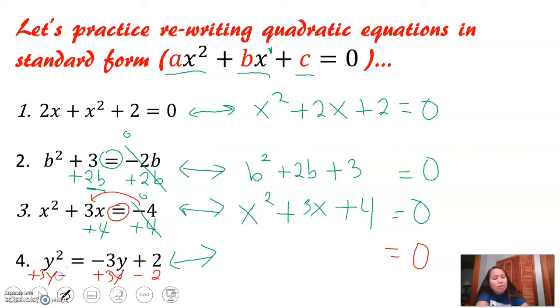I will also put negative 2 on the left side of the equal sign. This becomes 0. That becomes 0. Now I have y squared plus 3y minus 2. That's it for our practice with rewriting quadratic equations in standard form.